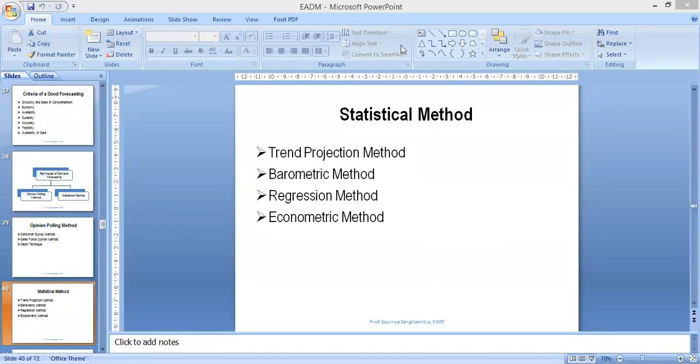Our next point is statistical method. First, statistical methods are frequently used for marketing demand and projections. These methods are the trend projection method and the barometric method. Old firm owners can use their own data of past years regarding sales.